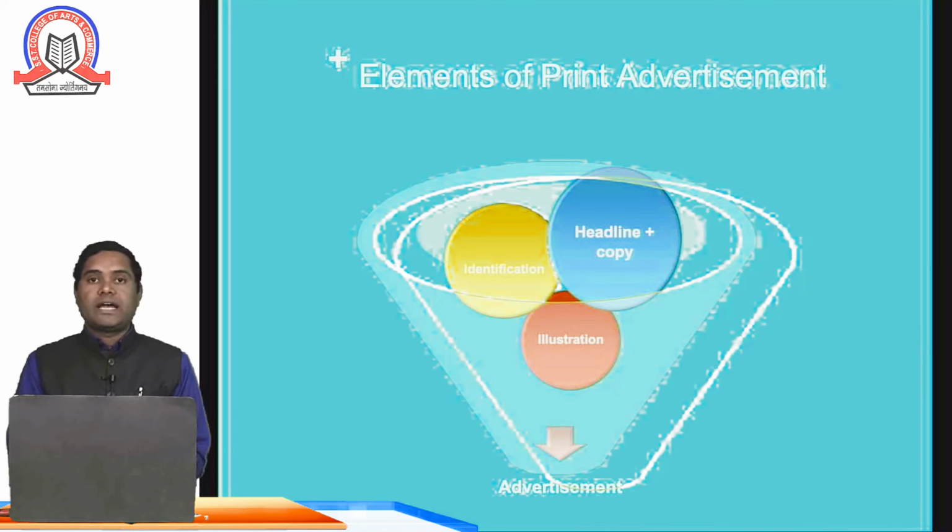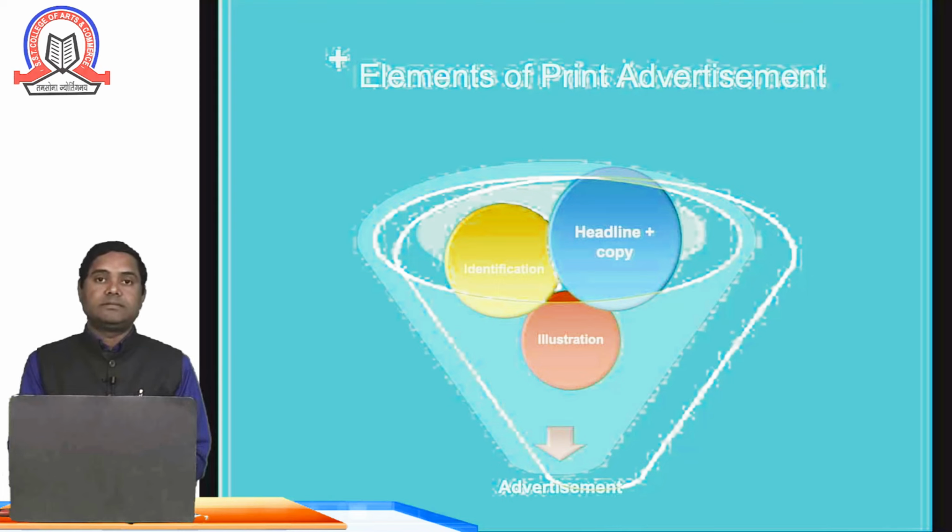Now if we look at this chart, it will clarify what the different elements of print advertisements are. In every print advertisement there is a headline. The headline is an important part of the print advertisement, which catches the attention of the reader. After that we read the copy.